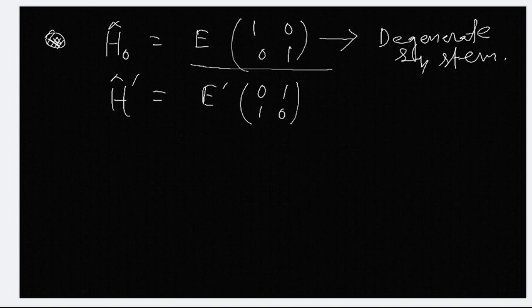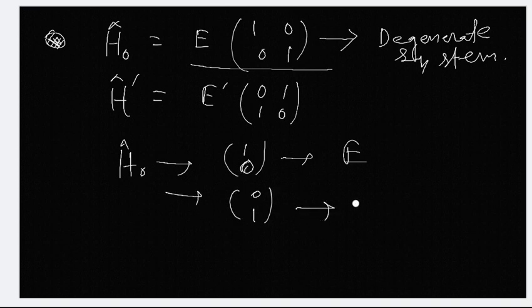Because the eigenvalues are the same, E and E. So H naught has two eigenstates. One is (1 0) with energy eigenvalue E, and another is (0 1) with the same energy. So this is degeneracy. Okay.